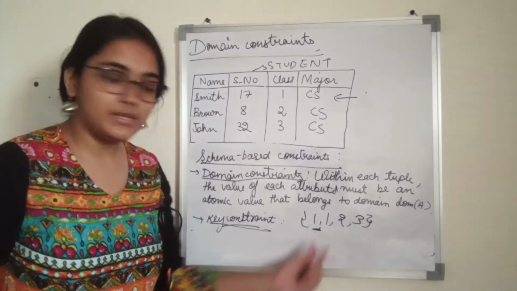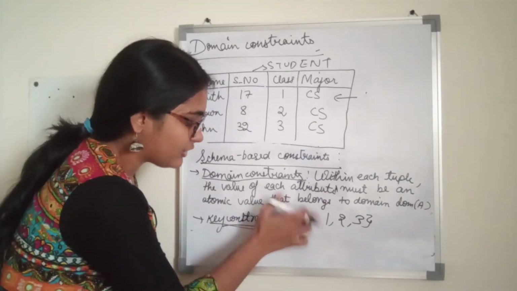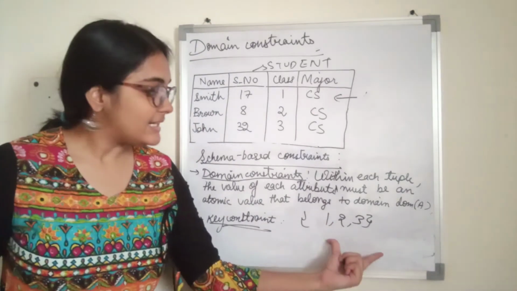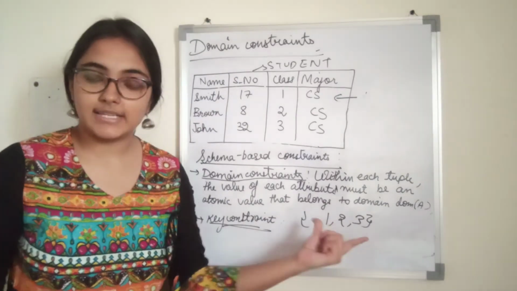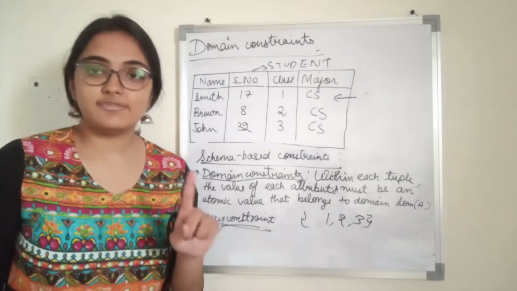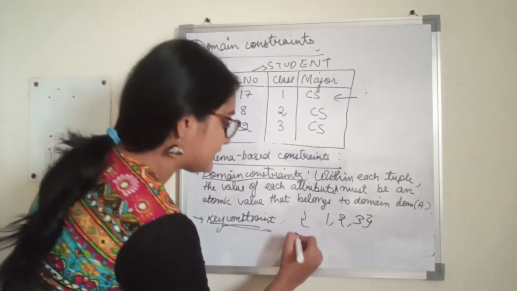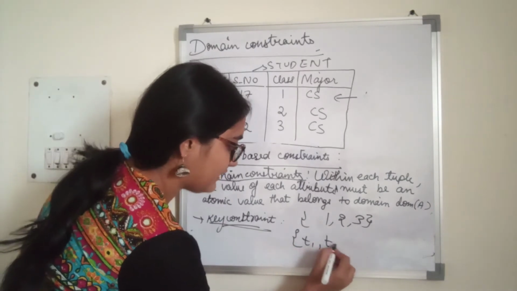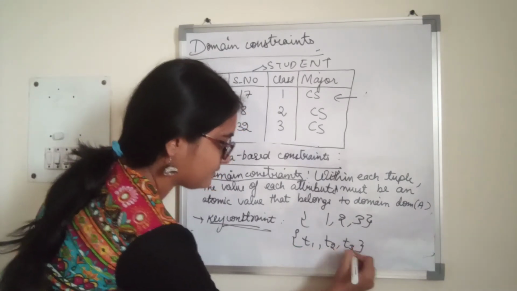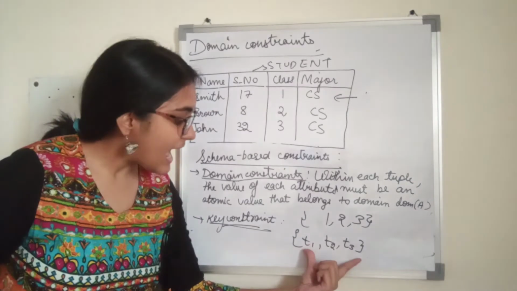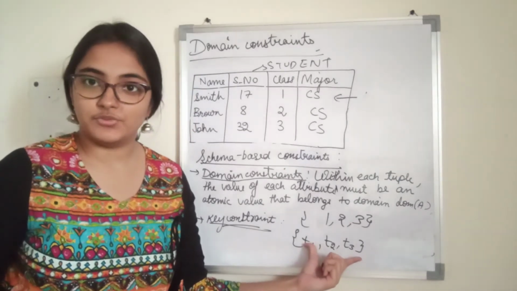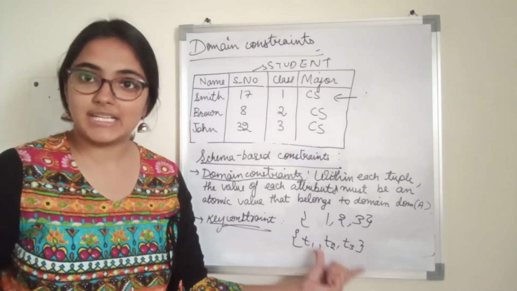So it should not be the case. We have to remove this for it to be called a set, right? A set always contains distinct elements. Since we have called a relation a set of tuples, let us say there are 3 tuples in the relation, T1, T2, T3. We cannot have any duplicate tuples.